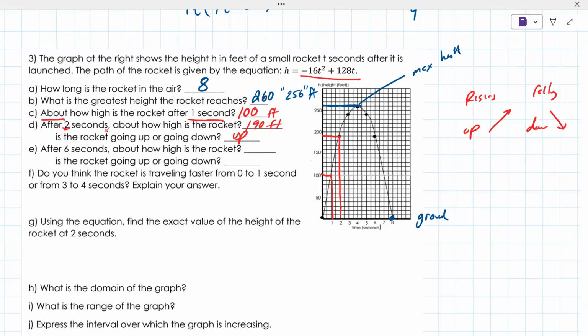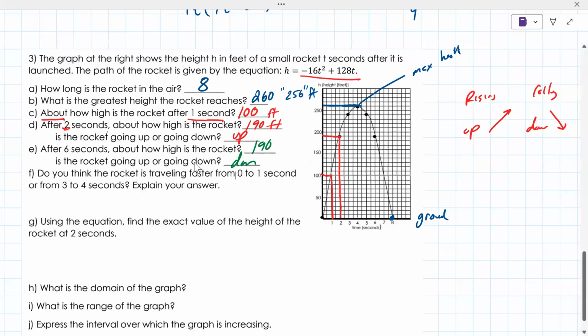All right, so see if you can fill in letter E. For E, it's 190 and it's going down. Agree.